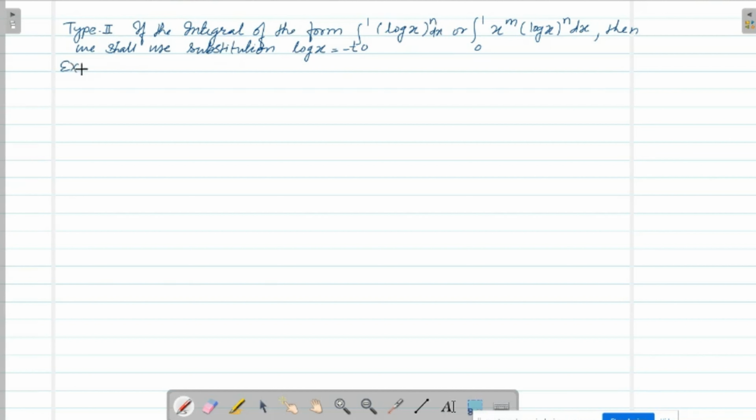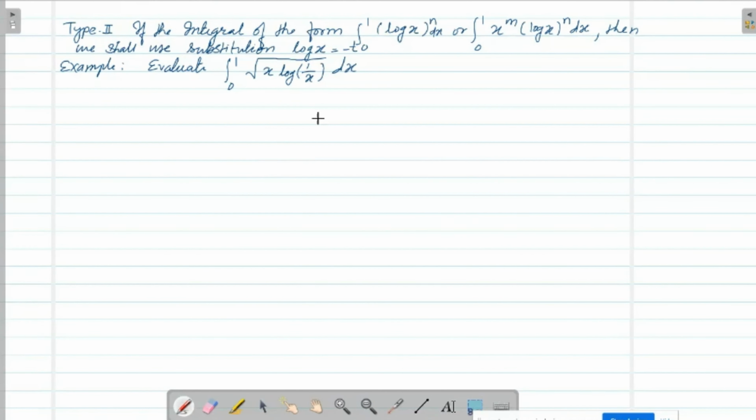So, example. In this example we will use the problem: evaluate the integral limit 0 to 1 of square root of x into log 1 by x dx.